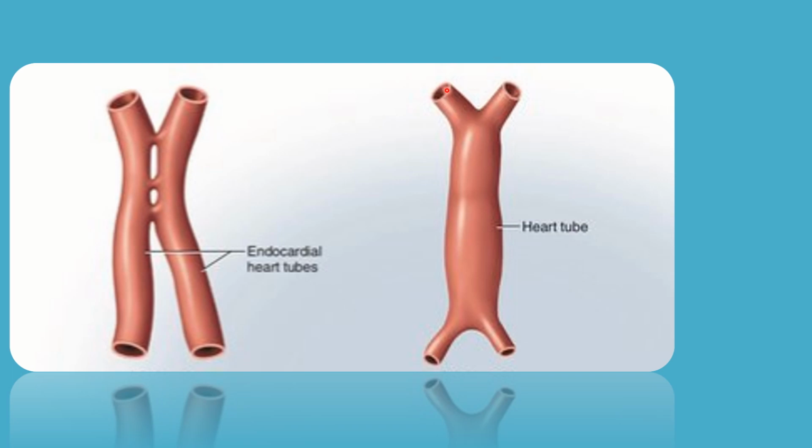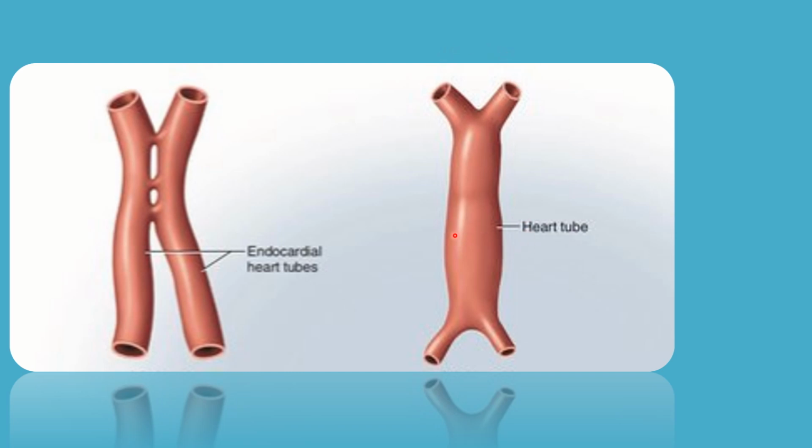This aortic arch passes on either side of the pharynx, and subsequently it is continuous with the corresponding dorsal aorta. Then five more pairs of aortic arches develop and connect the cranial end of the primitive heart with the dorsal aorta. So this is about the cranial part of the primitive heart.